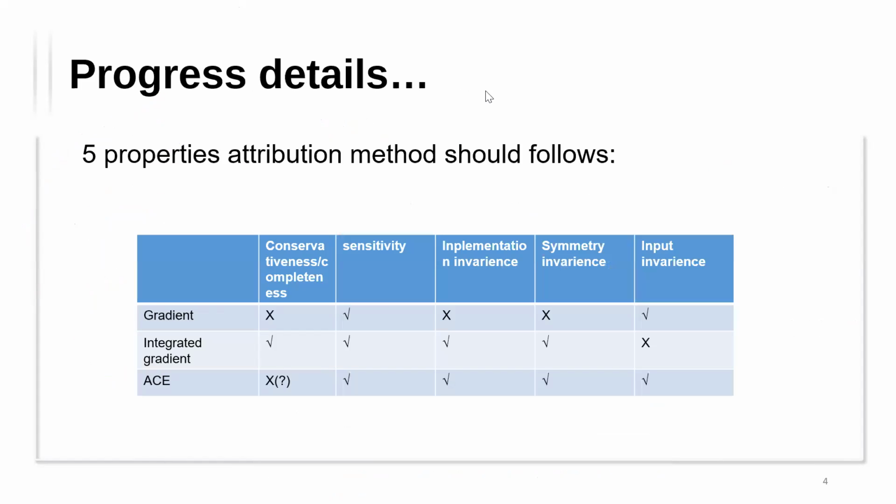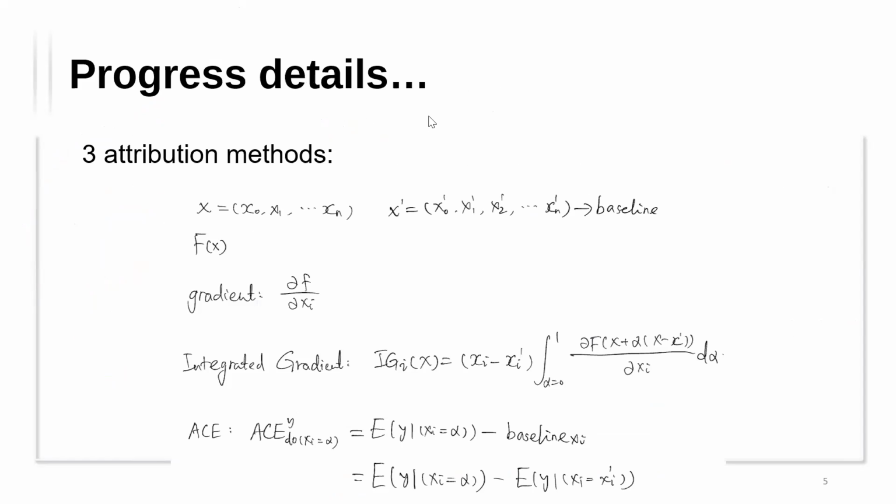So those are the results. Maybe we should first go through what the three attribution methods are. The first one is gradient. Suppose we have a vector x with n+1 random variables from x0 to xn, and we have a baseline x prime from x0 prime to xn prime.